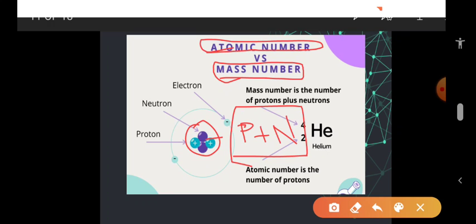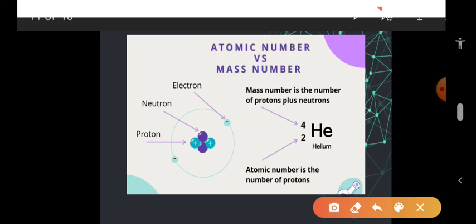Now, the atomic number is denoted as Z. Z means atomic number. Mass number means A. A is mass number. Always the mass number is mentioned at the top and the atomic number is mentioned at the bottom of the element. So if we write helium and here some number, here some number, this number at the top is mass number.